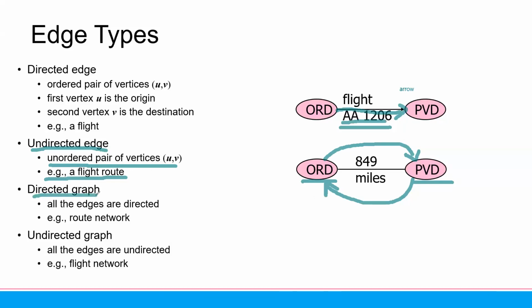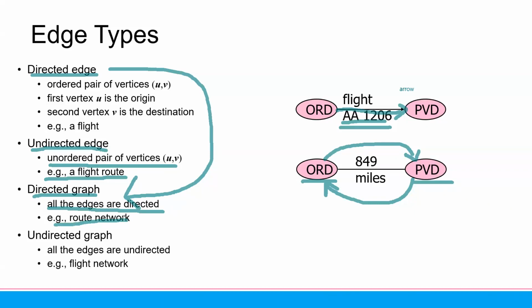We call it a directed graph if all the edges are directed. So if all are directed edges, then we call this the directed graph. For example, a route network. If you use the navigation, I want to go from Mohyun to Seoul. There might be many route networks.